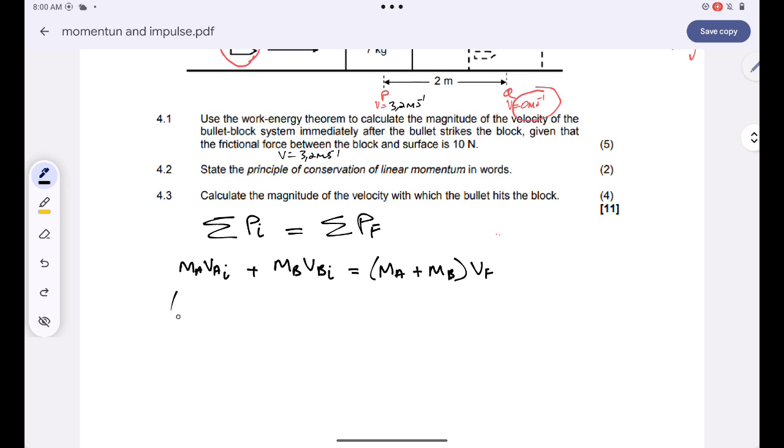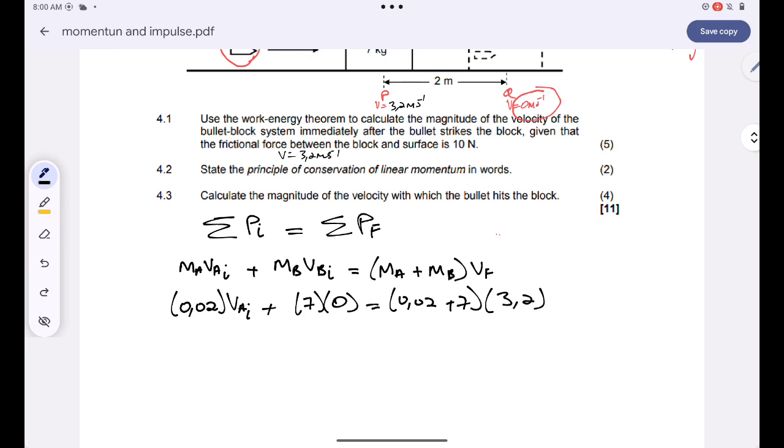I do know that the mass of object A is just 0.02. I don't know the initial velocity. The mass of B was 7, but it was stationary. And then I have 0.02 plus 7 multiplied by 3.2.